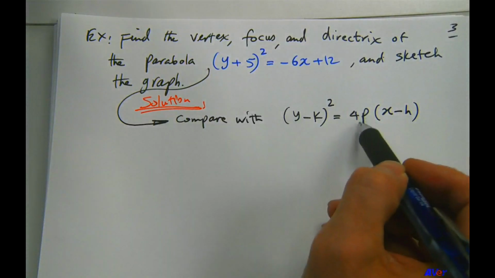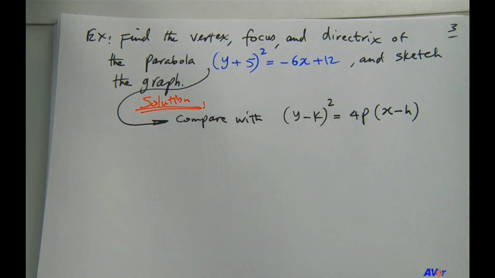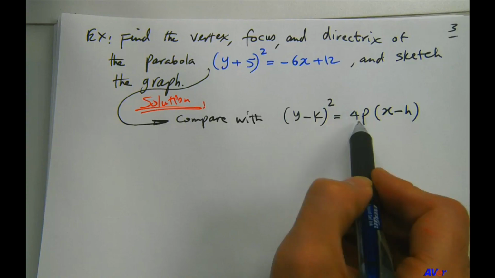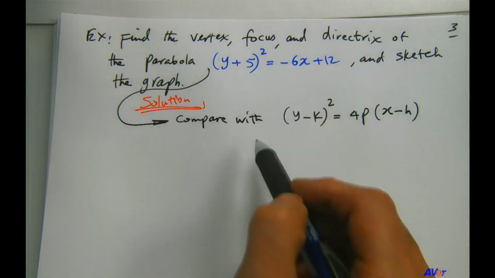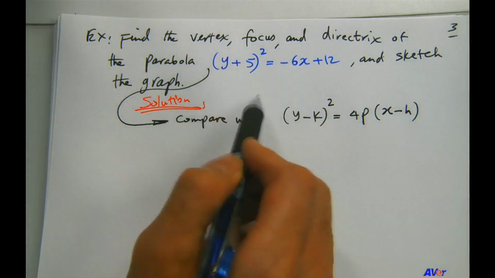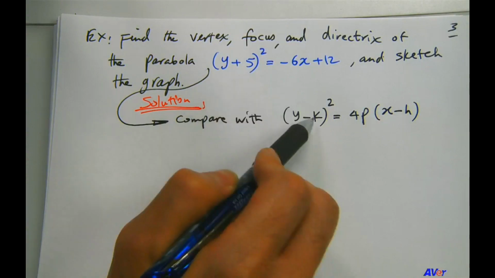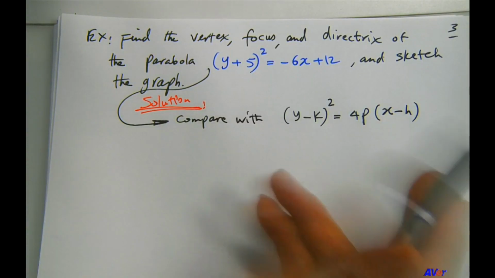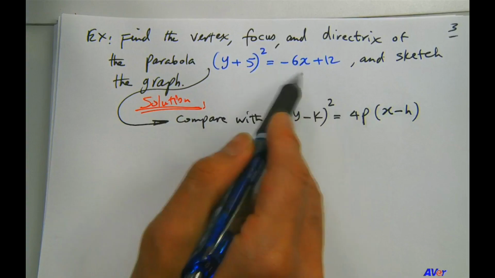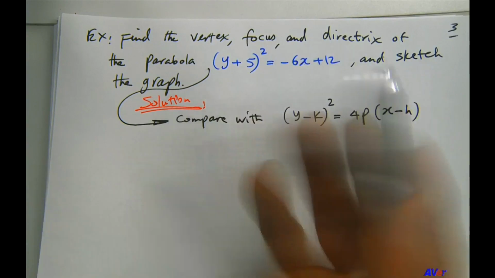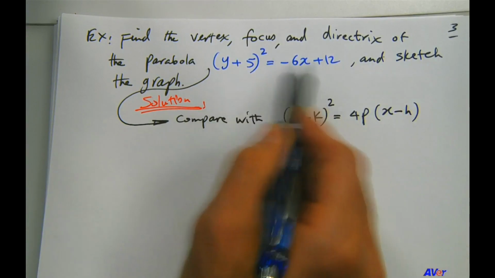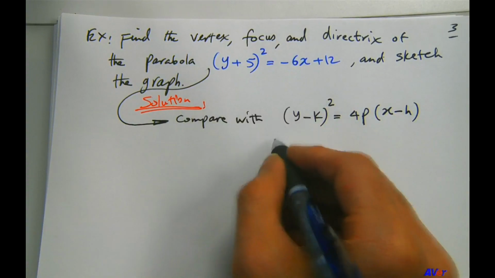Right now, it seems we don't know anything about 4p, so let's factor the right-hand side. The left-hand side is okay. Right away, we know that k has to be -5, but the right-hand side doesn't look the way we want it, so let's factor the right-hand side.